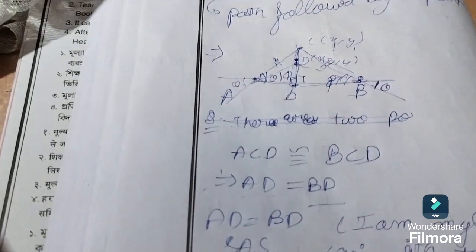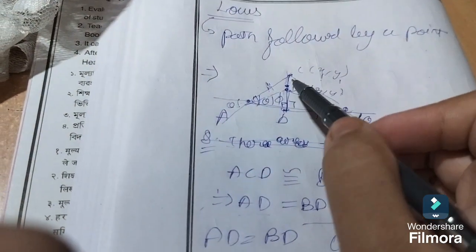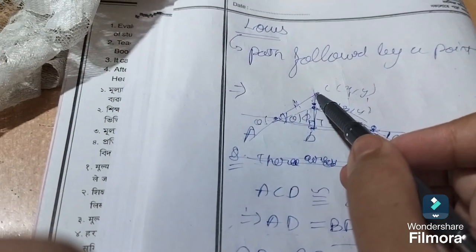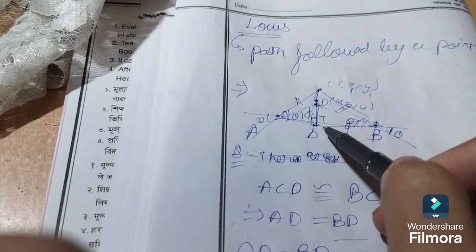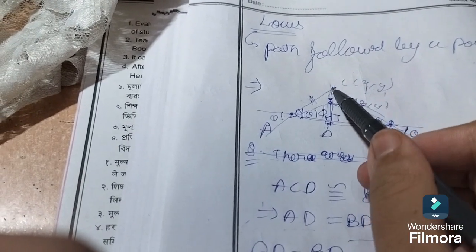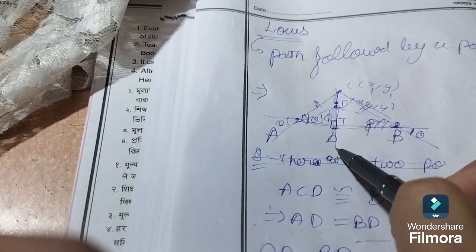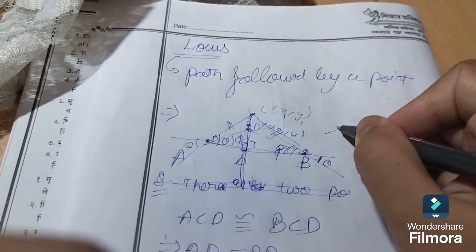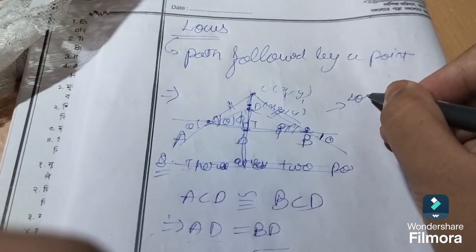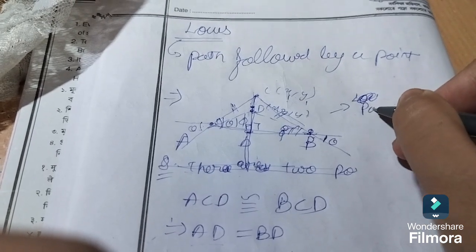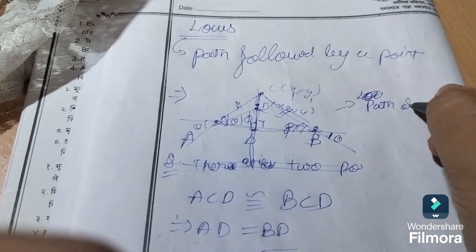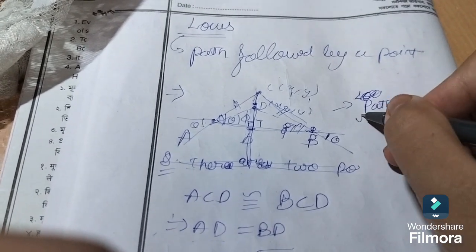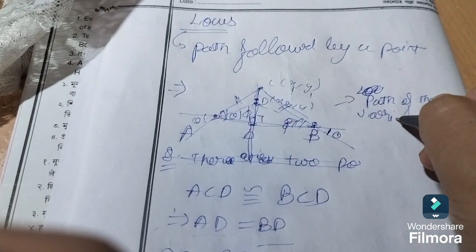So I can say that the variable point will follow this line, will have all the points on this line, and this line is the perpendicular bisector. So the answer to this question, what is the locus? Locus is basically the path of the variable points.